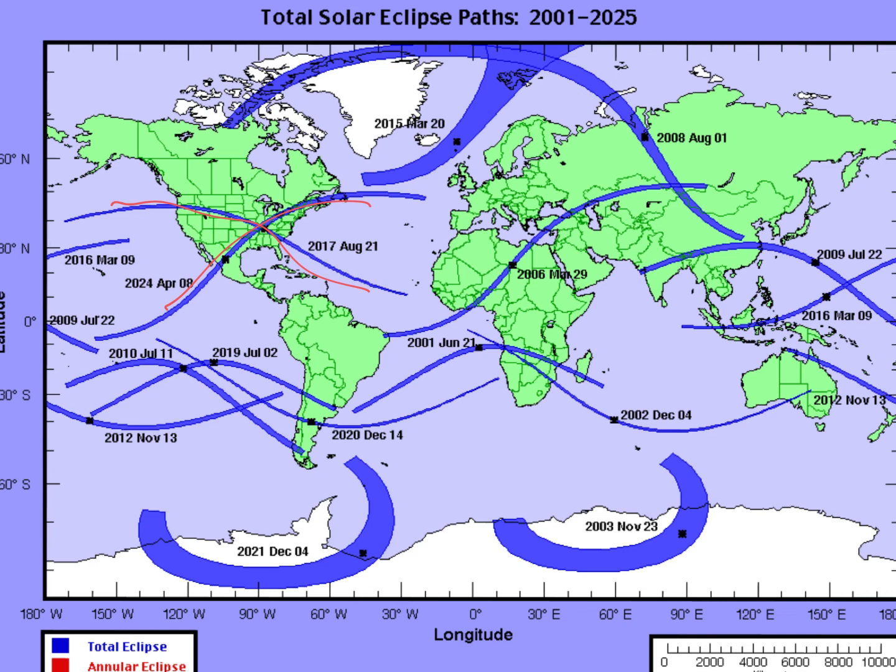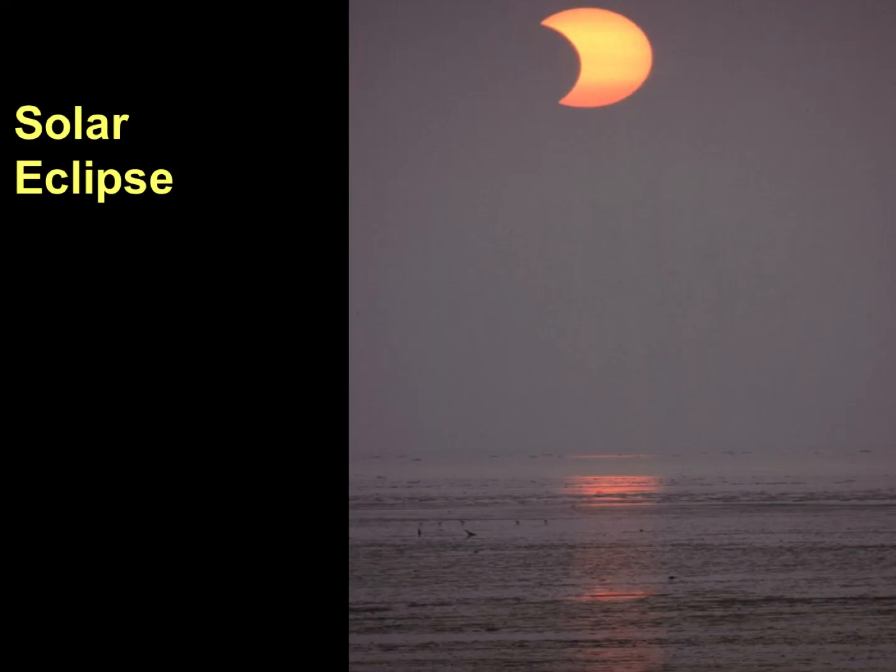Areas to the sides of these paths may experience a partial eclipse, though. This shows the view of a partial solar eclipse. Most of the sun is visible, but part is obscured by the moon.